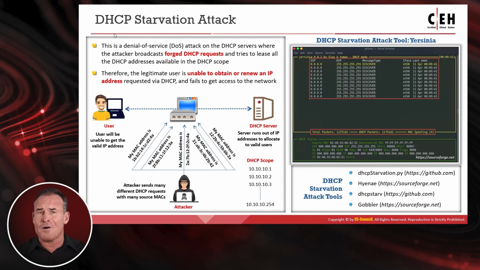DHCP, by default, the basic open standard, has no authentication. Microsoft builds in some mechanisms in Active Directory environments, authentication, etc., to identify valid DHCP servers, but standard DHCP does not. So could I send back an offer before a legitimate DHCP server and hoodwink a client into accepting it? Oh yeah, absolutely.